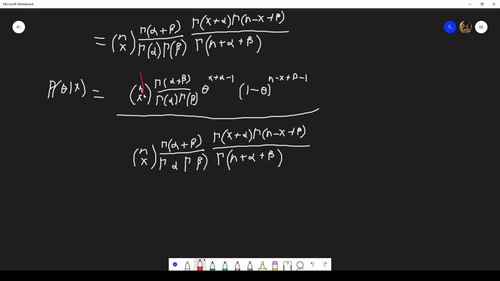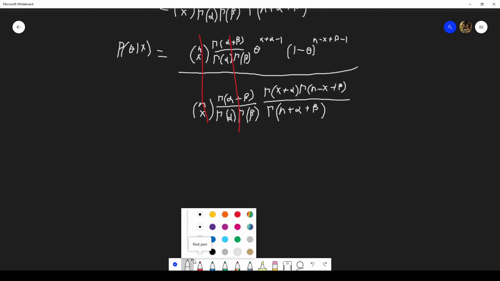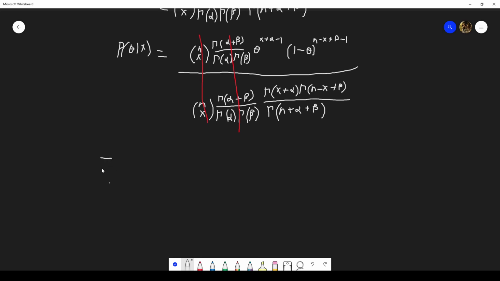So, joint density, marginal density, we divide them. Notice that immediately this cancels out, and this cancels out. Clearly this copy-pasting is kind of garbage. But now we have this x plus alpha and this gamma term. And notice that since we're dividing by this, we can just flip it. If you take the reciprocal of this, we can bring it up to the top.